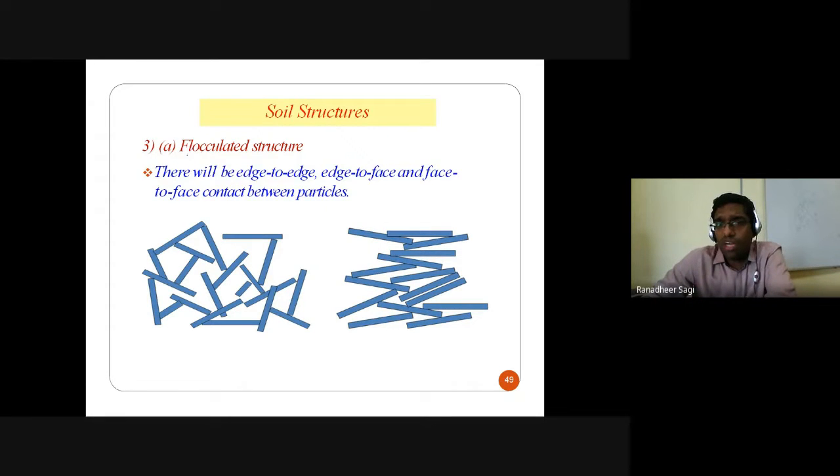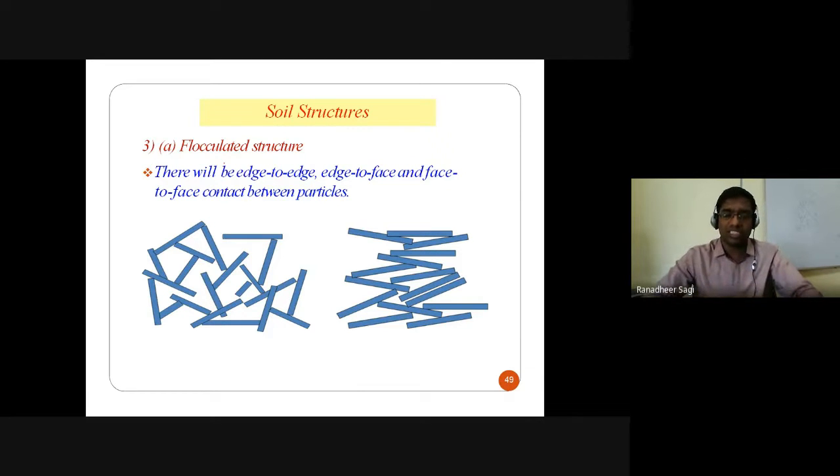Next is flocculated and dispersed structure. So what do we mean by flocculated structure? It means whenever your soil grains have a bond existing between them because of edge to edge contact between the soil grains, or edge to face contact, or face to face contact between the soil grains.